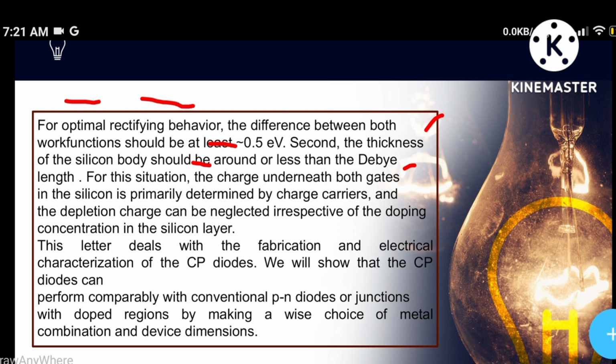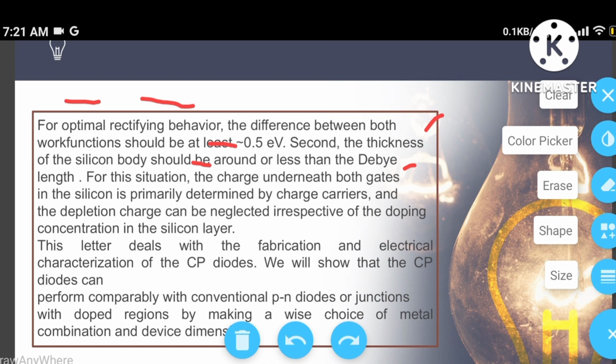We will show that the CP diodes can perform comparably with conventional PN junctions with doped regions by making a wise choice of metal combination and device dimensions.